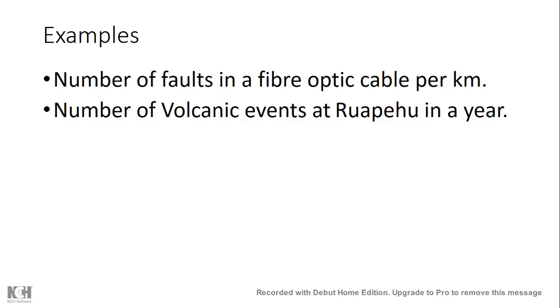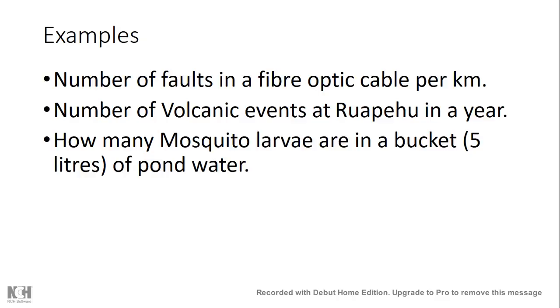Now, at least on this criteria, we're going to look at the conditions later. How many mosquito larvae are in a bucket of 5 litres of pond water? Now, if we were counting buckets, that's discrete, right? But it's 5 litres. If we were suddenly talking about a 10 litre container, or a 1 litre container, or 50 mils of water that we'd taken out of there, we're talking about continuous.